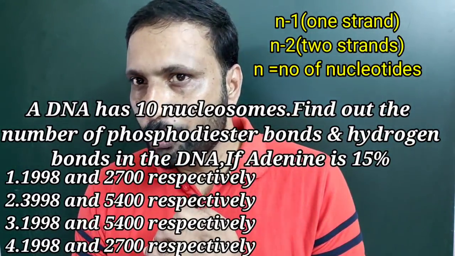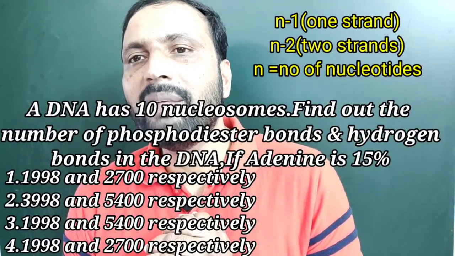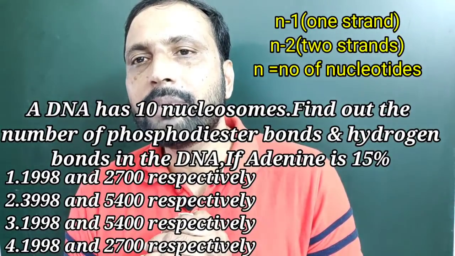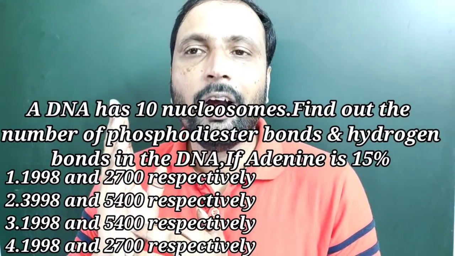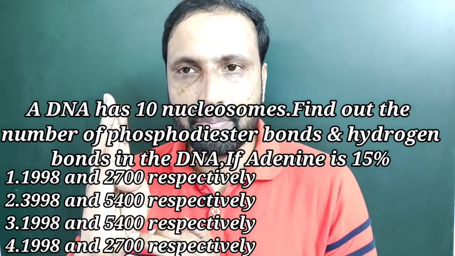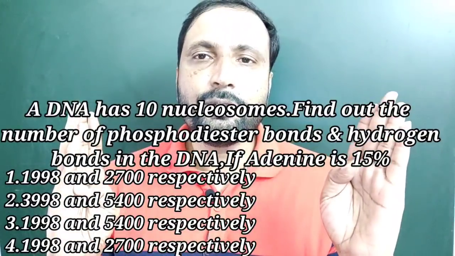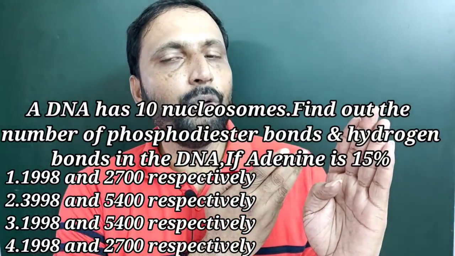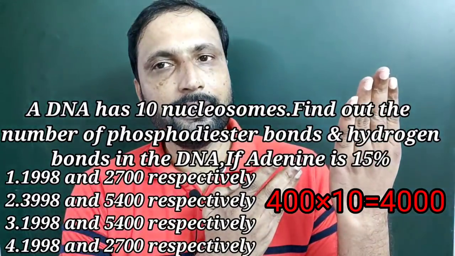Yes, 10 nucleosomes. In each nucleosome, how many base pairs are present? 200 base pairs. 200 base pairs means definitely in each nucleosome 400 nucleotides are present. 10 nucleosomes, so 10 into 400 means 4000 nucleotides.